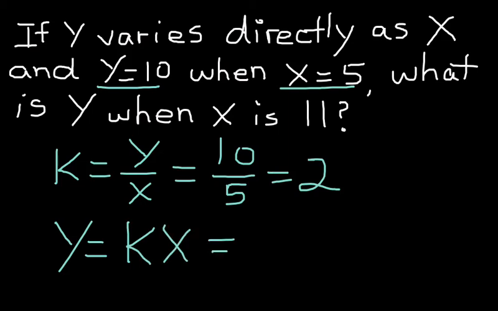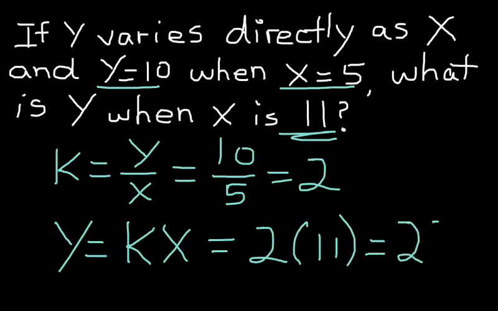In this case, we now know that k is 2, and our problem told us that x is 11, so we'll plug 11 in right here, and therefore, using direct variation, when y is 10 and x is 5, then if x is 11, y must be 22, which you'll notice is 2 times the amount, which is our constant of variation that we just found, of 2.